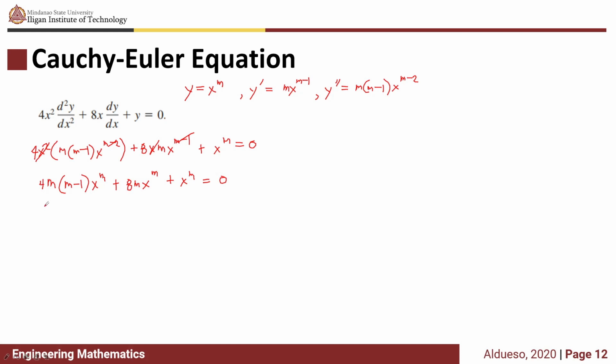So we have 4m squared minus 4m x to the m plus 8m x to the m plus x to the m is equal to 0. We have x to the m times 4m squared plus 4m plus 1 equal to 0. So our auxiliary equation is 4m squared plus 4m plus 1 equal to 0.